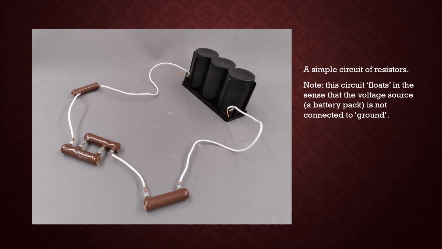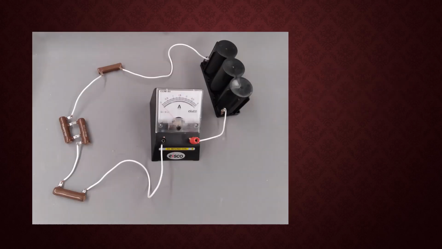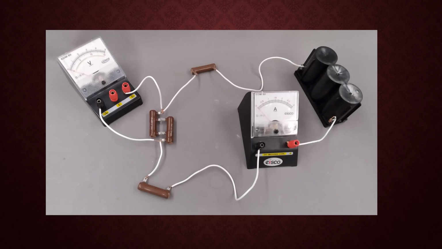I can now demonstrate where I would put the meters in a real circuit as opposed to a cartoon. So the current meter would go in series with the circuit for direct measurement. The voltmeter would go point to point. So if I wanted to measure the voltage across those crazy looking two resistors in the middle, I would put the voltmeter across the terminals or the junctions between the conductor and those resistors.